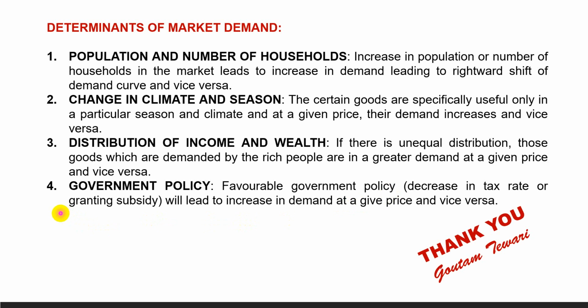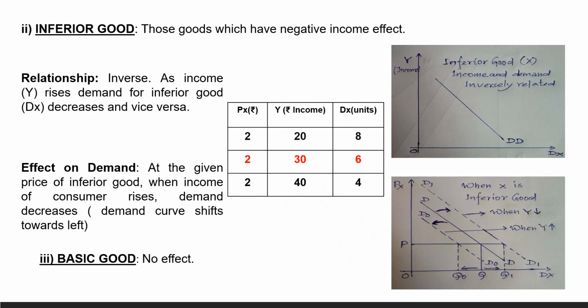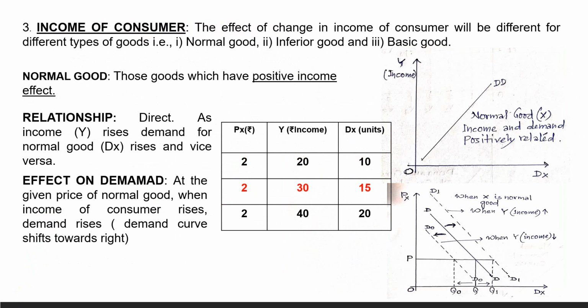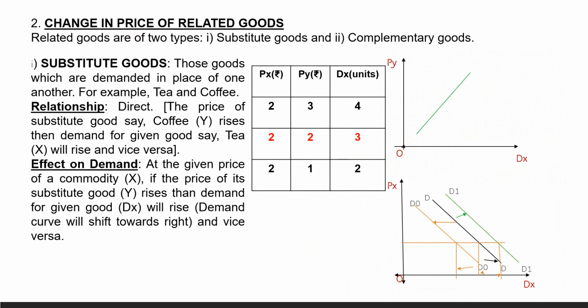So let us summarize. Demand increases, meaning a rightward shift, when, if we recall from the beginning, there is an increase in the price of a substitute good, and demand decreases when there is a decrease in the price of a substitute good.